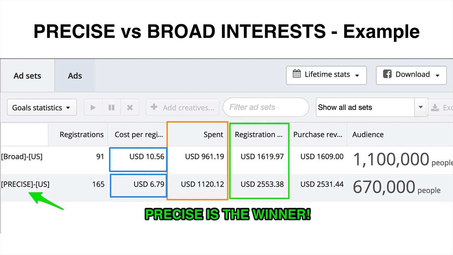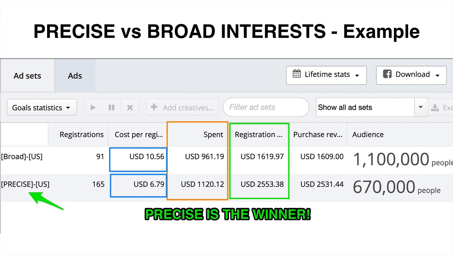In some cases, you might find the broad keywords fail and they lose you money. Well, if you've split them out into two separate ads, an ad for broad keywords and an ad for precise keywords, you can come into Facebook and go, oh, well, the broad campaign sucks. It's losing me money. Boom, and turn it off. Now, all of a sudden, you've done a 180 and your campaign goes from mediocre profits to really good profits.